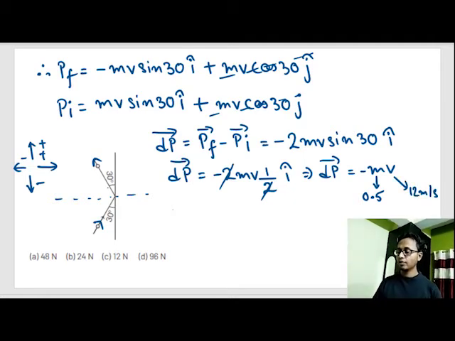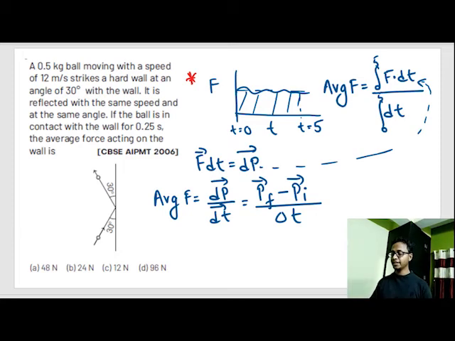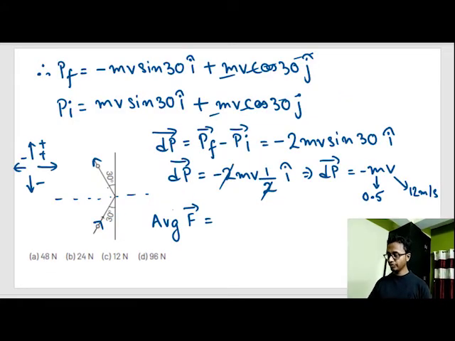Now, what was the average force? The formula for average force was dp by dt, which we derived from here. So dp is nothing but minus of mv, which is 0.5 into 12, divided by delta t.